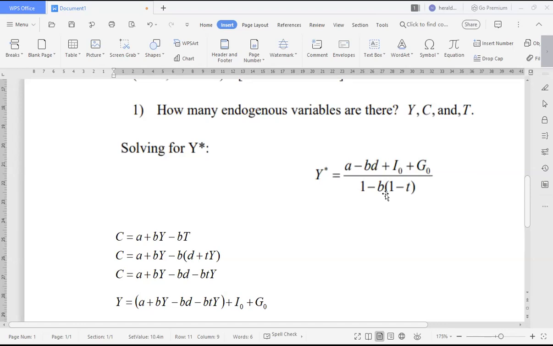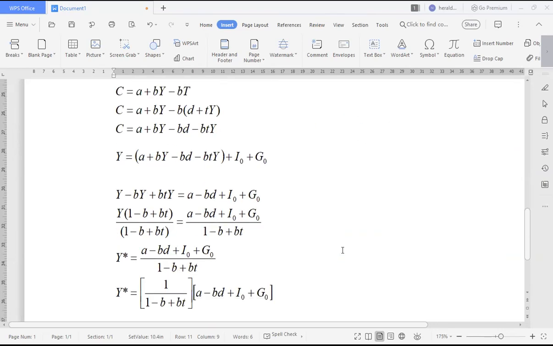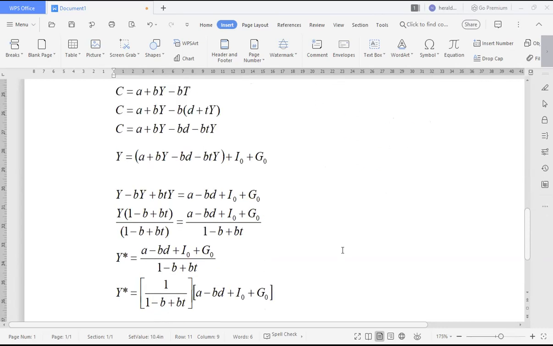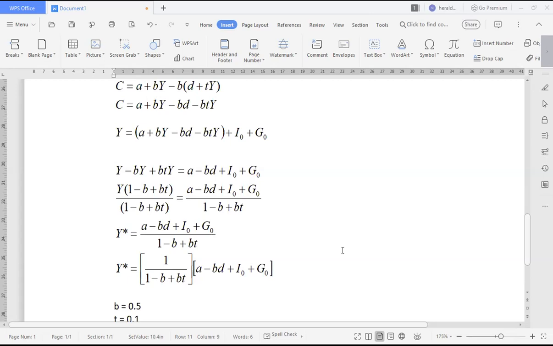Yes, ma'am. And ma'am, actually, we have the same answer here, down below. Ma'am, but I find it hard to transform the denominator of our answer into the other answer. Ma'am, because it's not possible for us to just factor out B there.